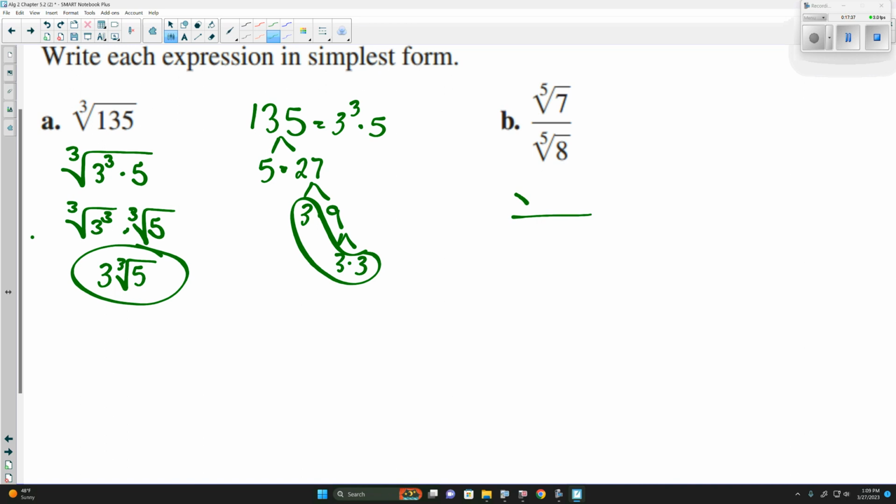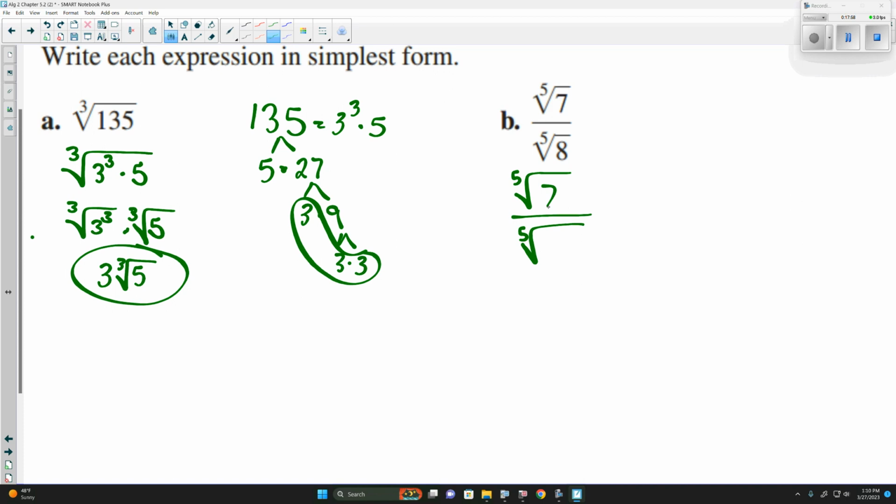So what we're going to do now is rewrite the numerator and denominator in our prime factorization form. Well, 7 is just going to be 7 because 7 is prime. There's no way to rewrite it.